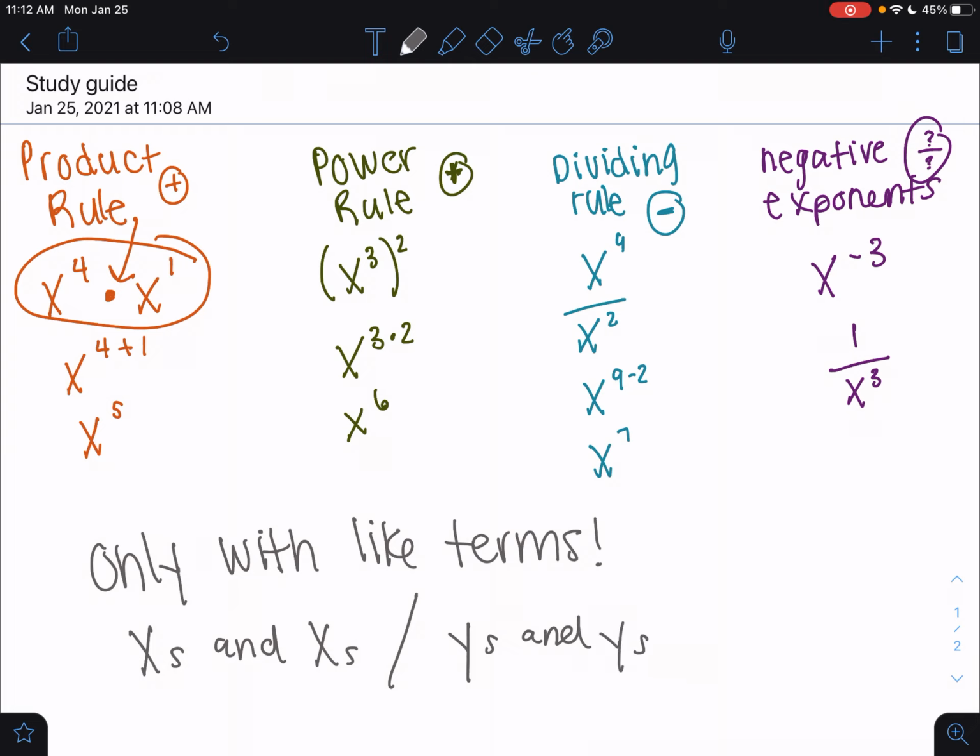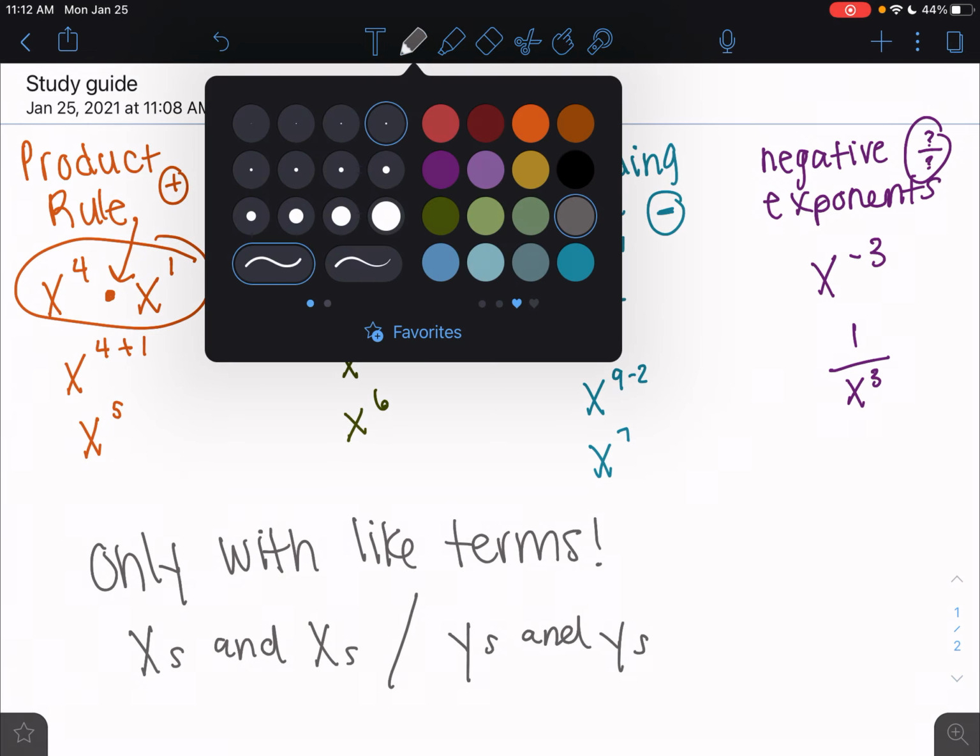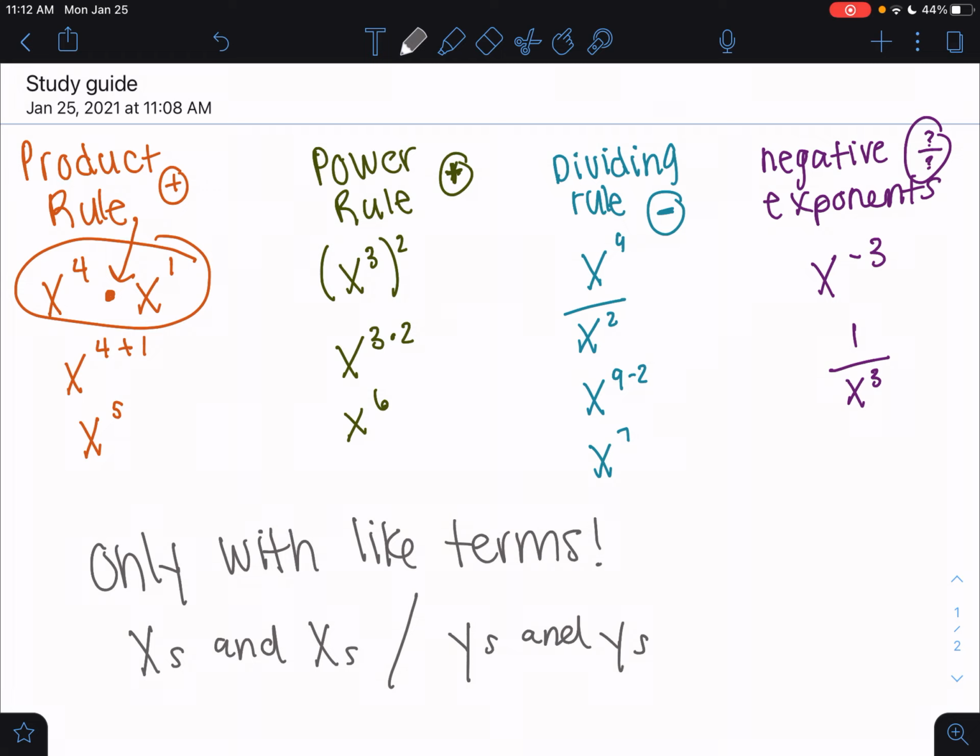But you cannot combine x's and y's. I saw some people trying to combine, like trying to add those. You can't do that because those are not the same variable. All right, so like terms or variables. So that's a general overview.